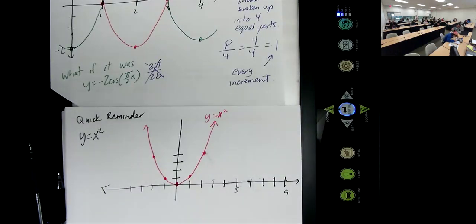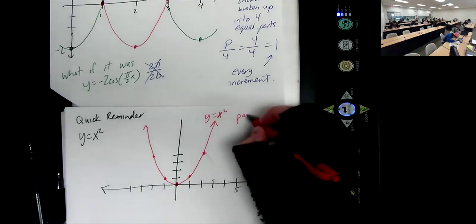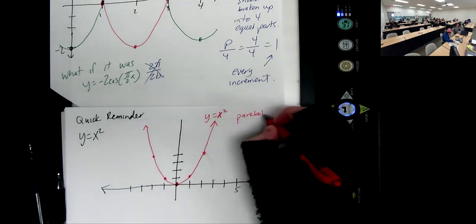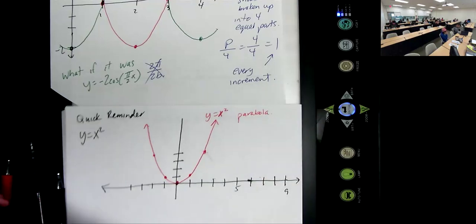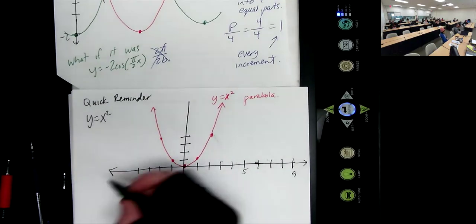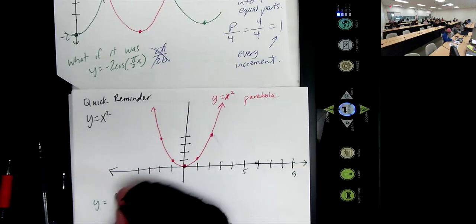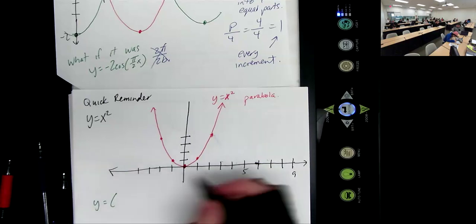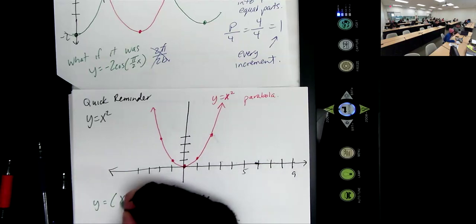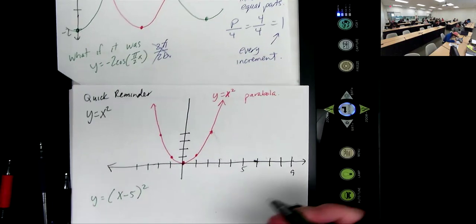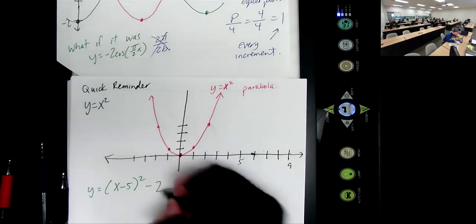Y equals x minus 5 squared like that. Minus 2 looks like this.